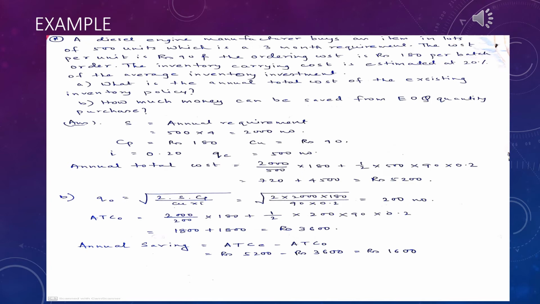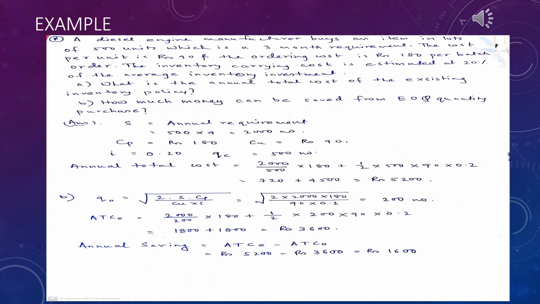Now there are two different things that we need to find out. Before we go into that, let's find out the annual total cost first. If we want to find the annual total cost, we have to find the annual requirement. If we see very carefully, the organization is purchasing 500 units per 3 months.